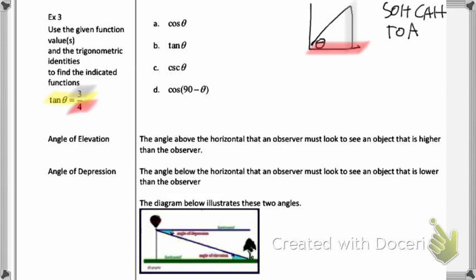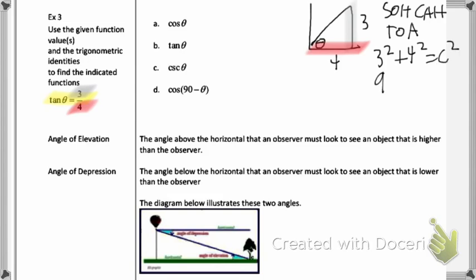Now let's do the Pythagorean theorem. So let's label it first: 3, 4. Now by doing the Pythagorean theorem, we do 3 squared plus 4 squared equals c squared.